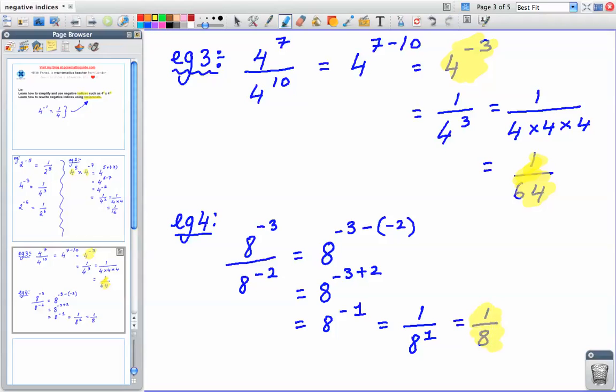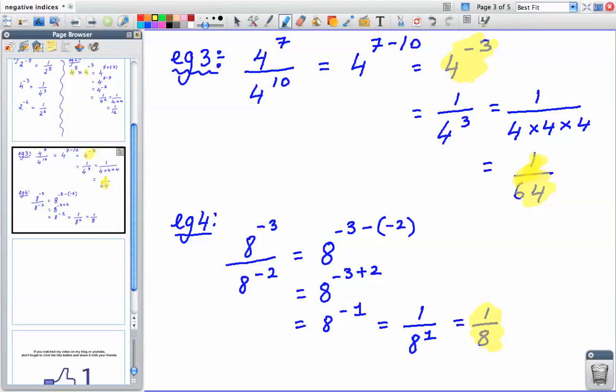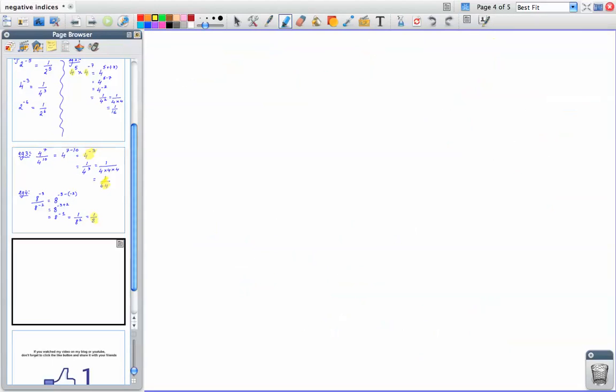Okay, what I want to do very quickly is take a look at another example. That will be example number 5. Now, I did say previously that I'm just going to look at one last example, but I made a mistake, so let's just take a look at another one very quickly.